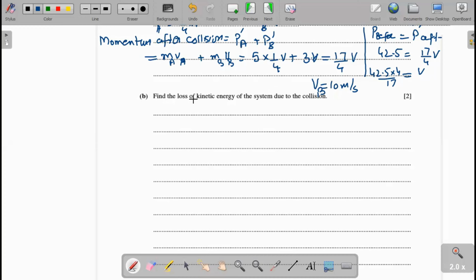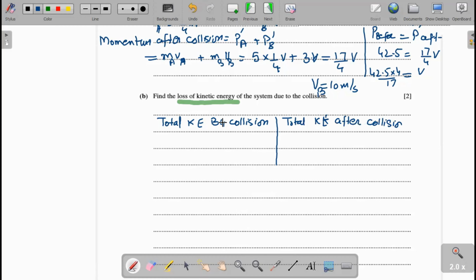Part B, find the loss of kinetic energy of the system due to collision. Now we have to find the loss of kinetic energy. Firstly, we find the total kinetic energy before collision, and then we find the total kinetic energy after collision.